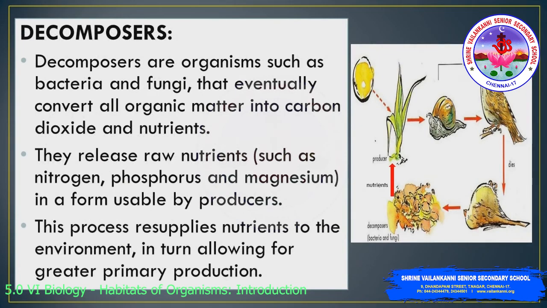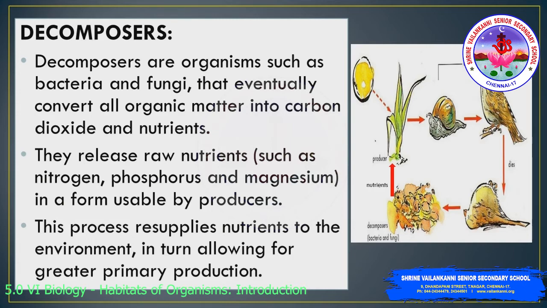The last category of organisms under biotic components are decomposers. Decomposers are organisms such as bacteria and fungi that eventually convert all organic matter into carbon dioxide and nutrients. They release raw nutrients such as nitrogen, phosphorus and magnesium in a form which is usable by the producers.